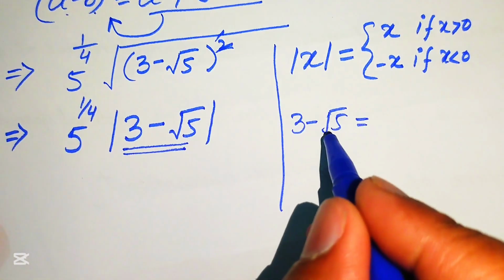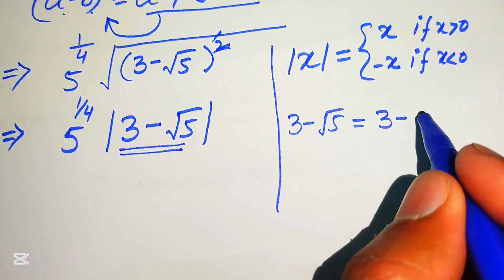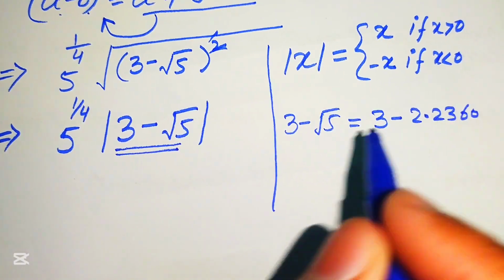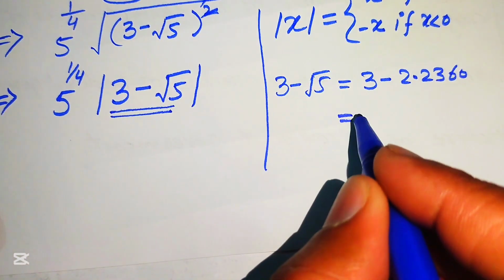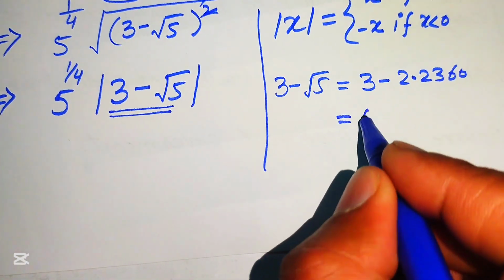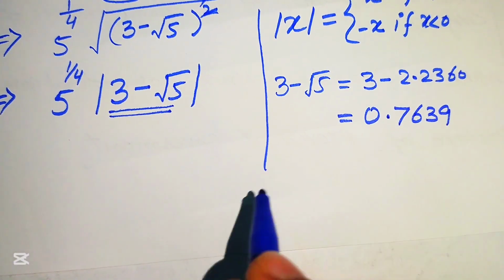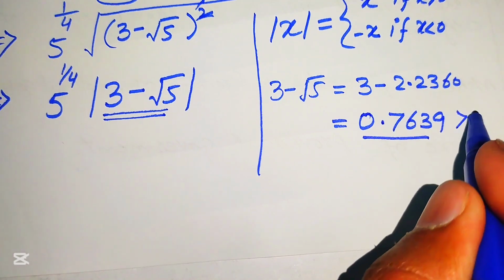The square root of 5 equals 2.2360, and 3 minus 2.2360 equals 0.7639. You see this value is greater than 0.